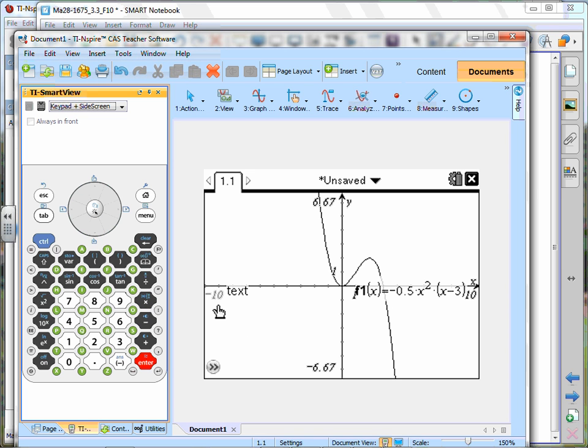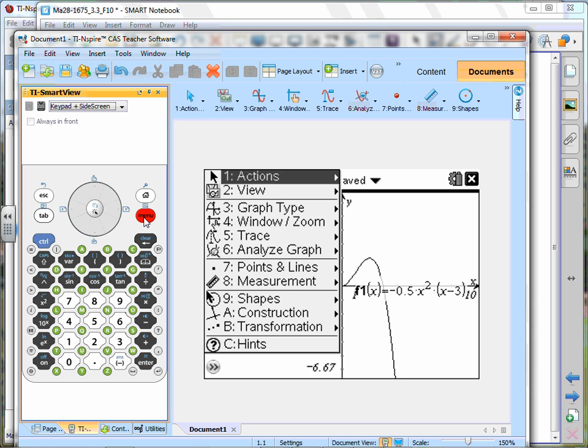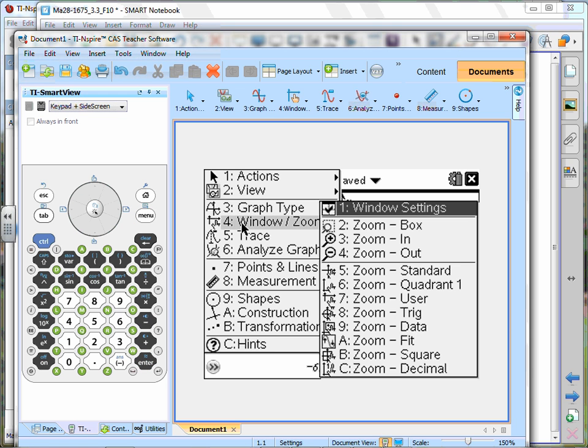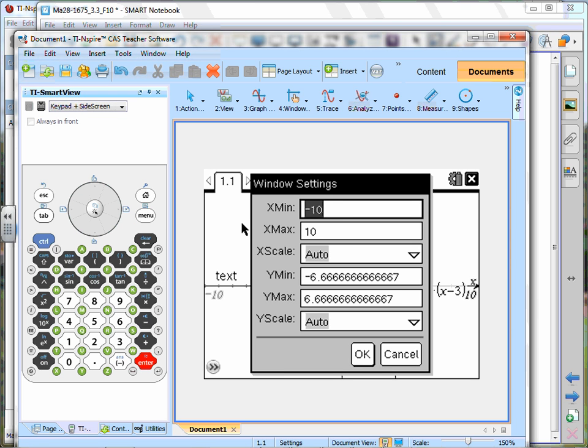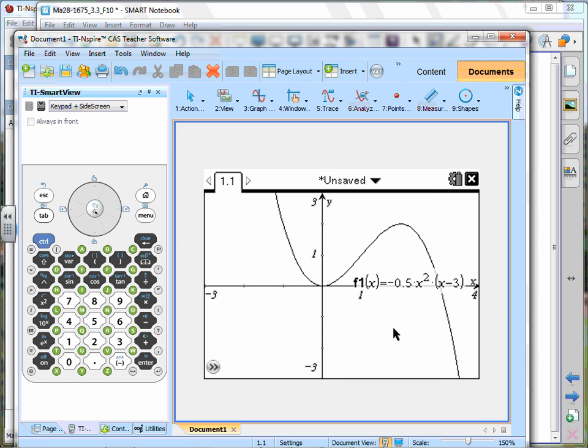Okay. The window, let's just go ahead and do a window. The window is negative 3 to 4, scale 1, and negative 3 to 3, scale 1. Okay, so there's the curve that I gave you.